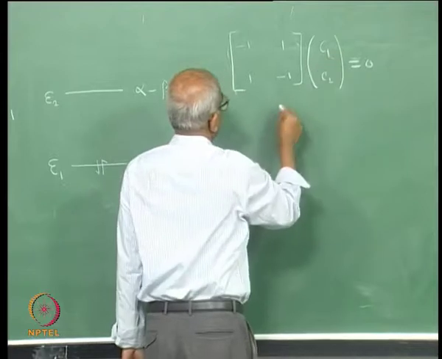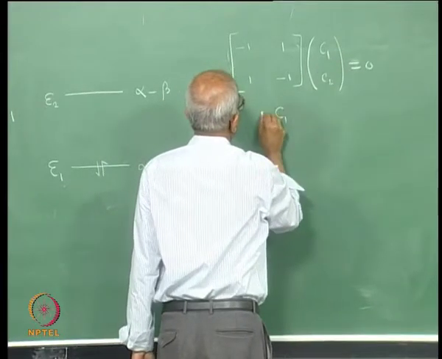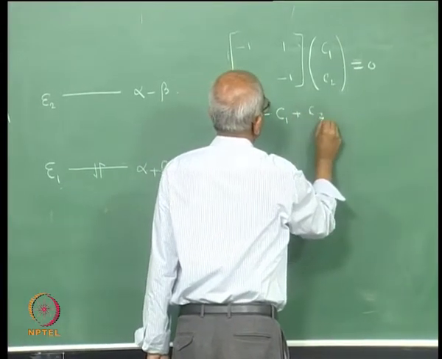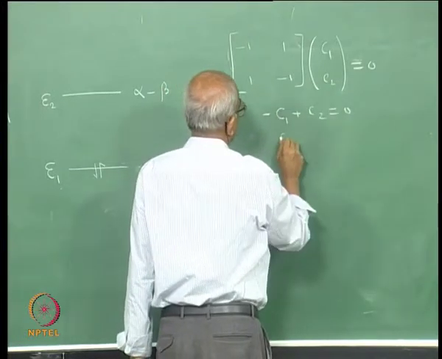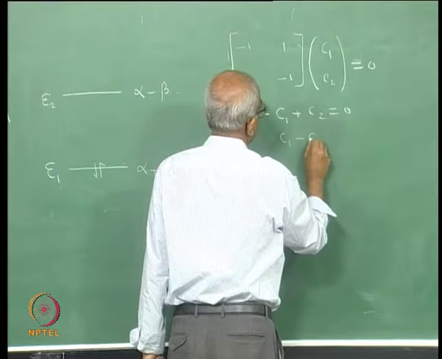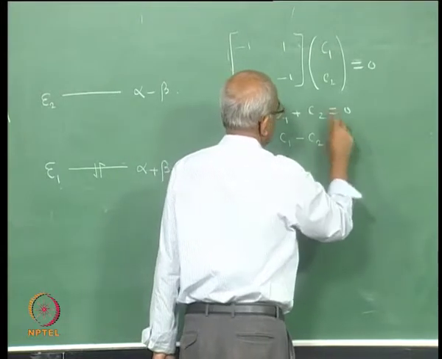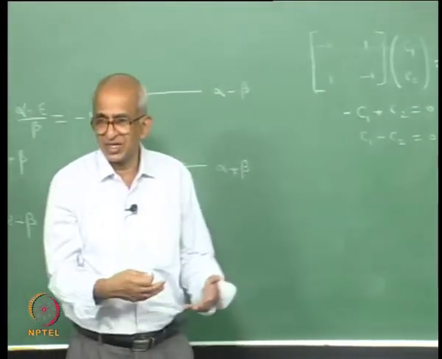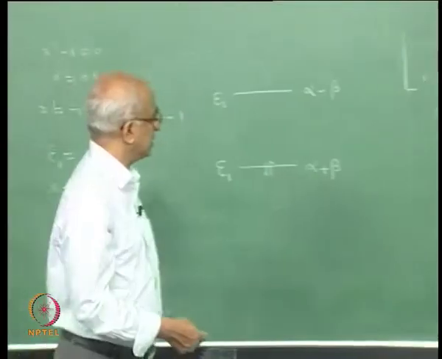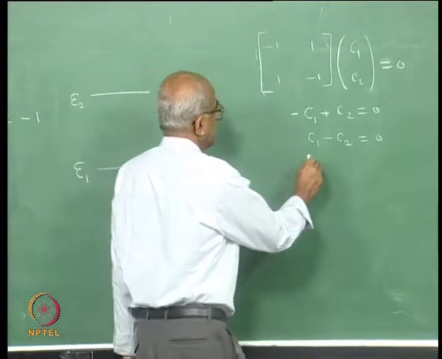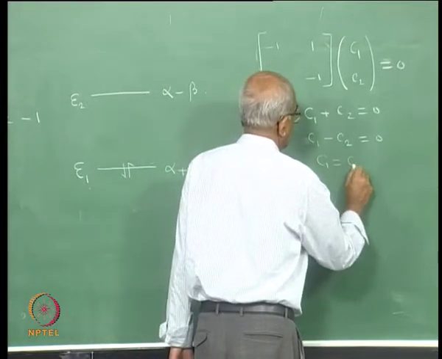And if you multiply it, what are you going to get? You will find minus E1 plus E2 is equal to 0. And the second equation that you get is not different. You will find that it says C1 minus C2 is equal to 0. Both the equations are the same. So, essentially, even though I have a matrix equation, I have only one equation. And what does this mean? This means that C1 is equal to C2.